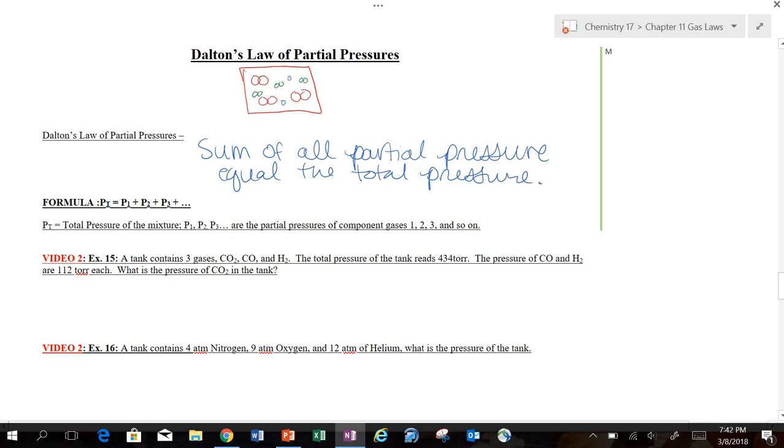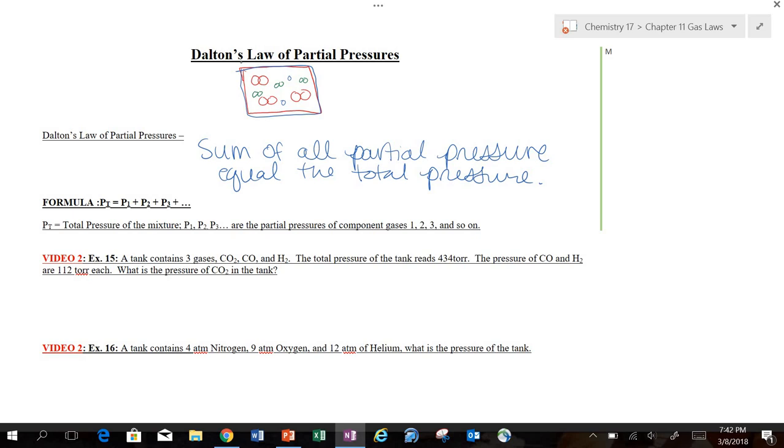If we look at this figure right here, we're going to say that this is one container, and you'll notice that in the container there are three different gases. Each of those gases gives a partial pressure to the overall pressure. So they're each going to give their own specific part.